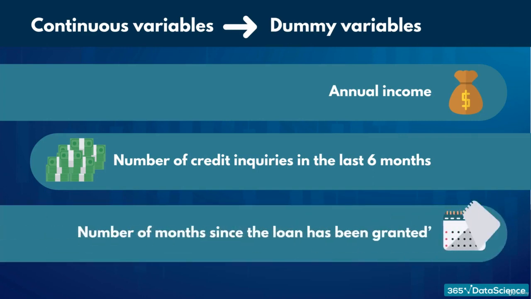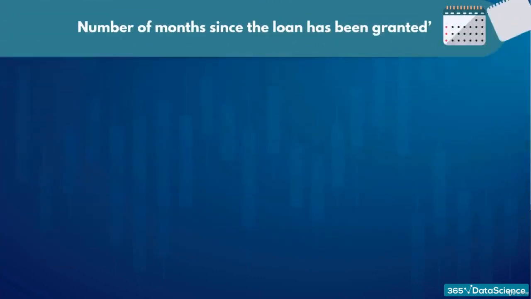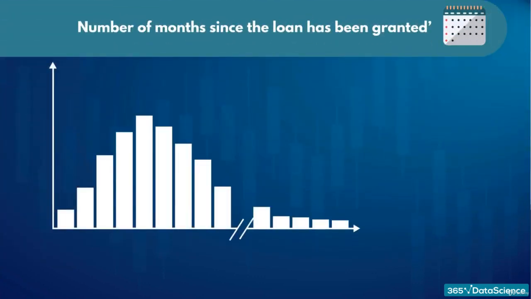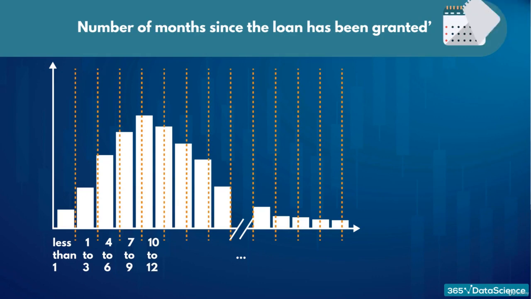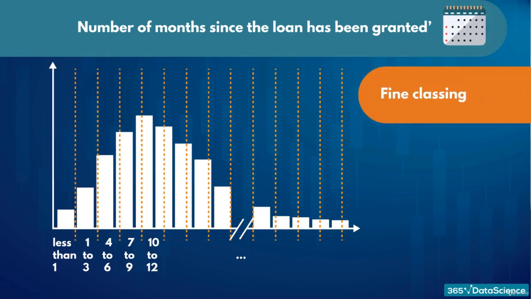Let's take the number of months since the loan has been granted. For example, we will slice it into 50 intervals, like 1 to 3, 4 to 6, 7 to 9 months, and so on. This operation is called fine classing.